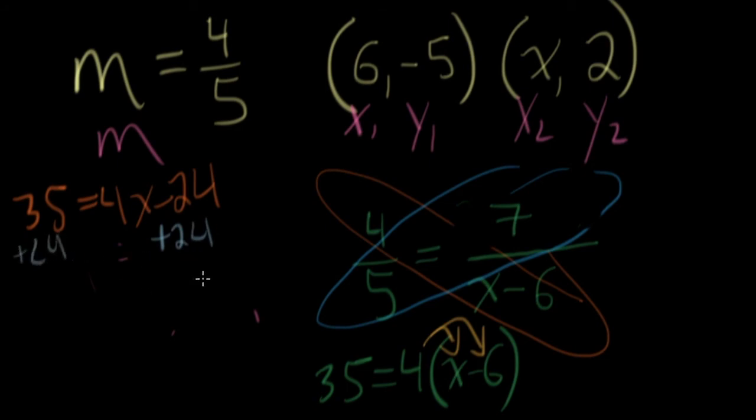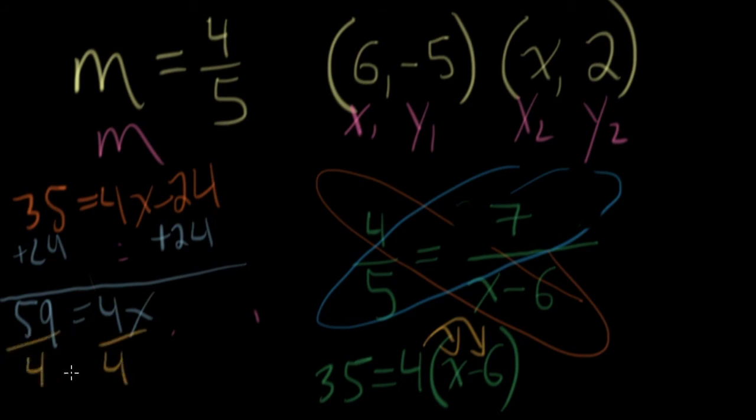And I would get 59 equals 4x. Divide both sides by 4. And x would be a very, very ugly 59 over 4. So this number here would be 59 over 4.